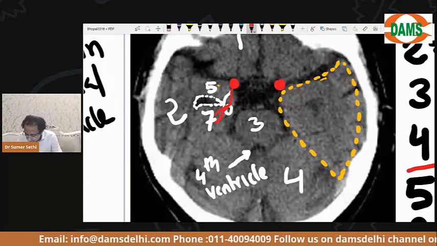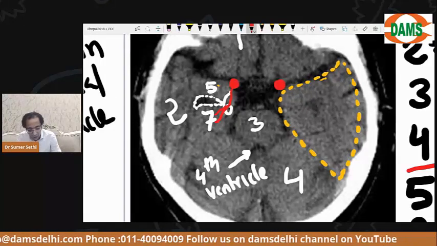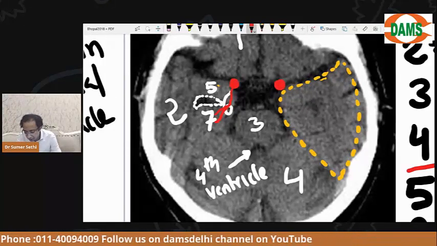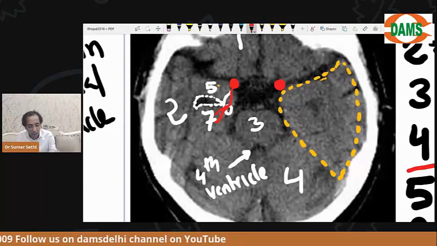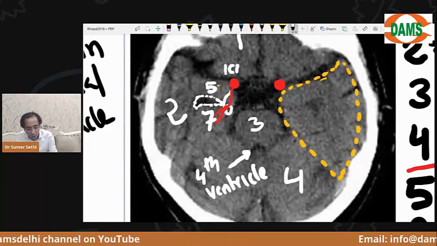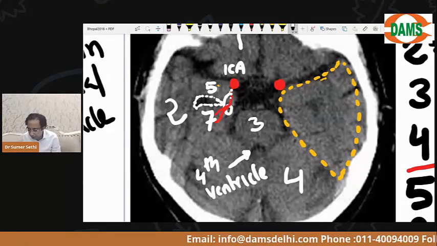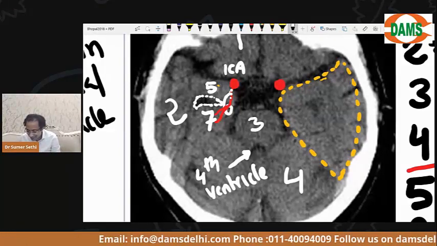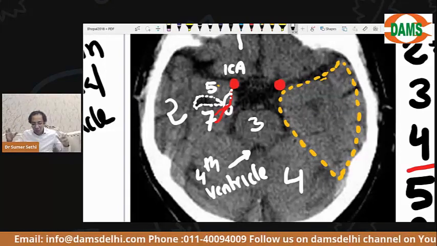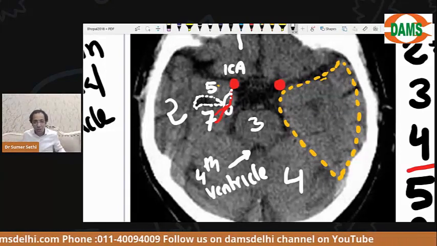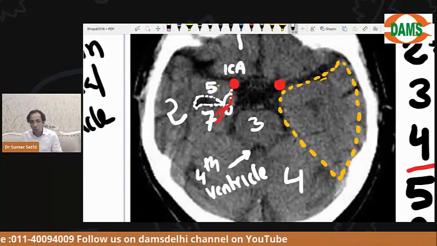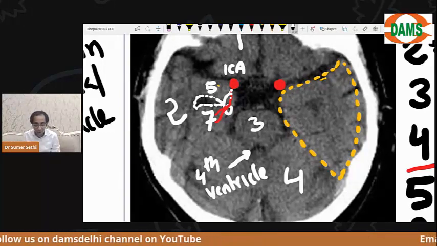Okay, everybody now, let's see if you can answer. Name a branch arising from the internal carotid artery which gives blood supply to the hippocampus. Now can you see, you thought that you know anatomy and you're coming to learn radiology. I am telling you, you don't know anatomy here. We need to learn the clinical anatomy first.